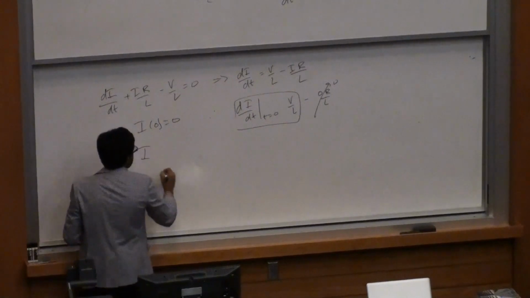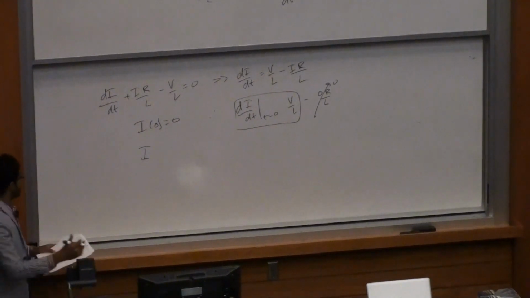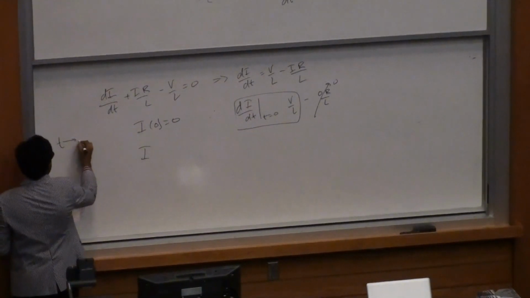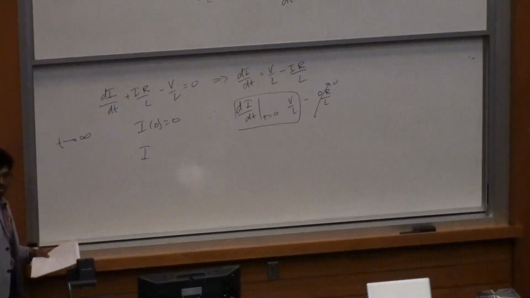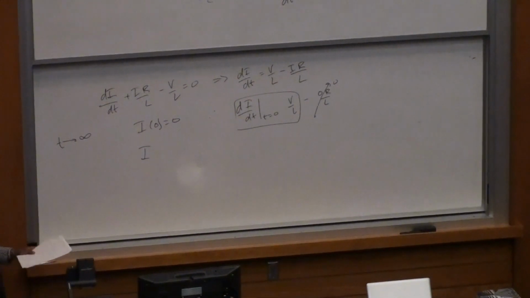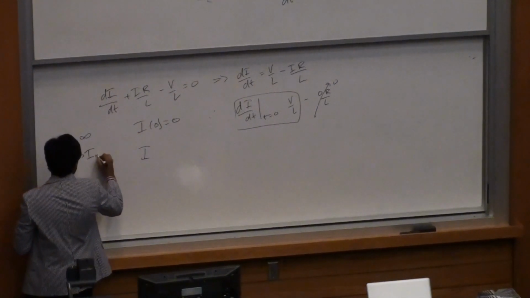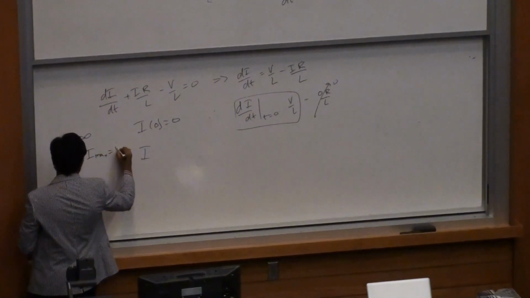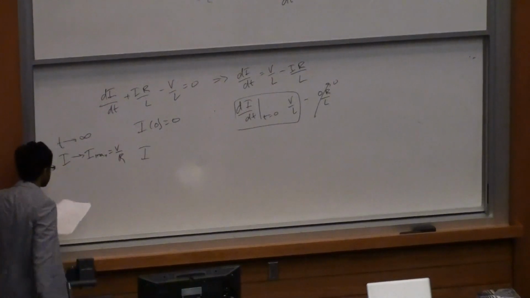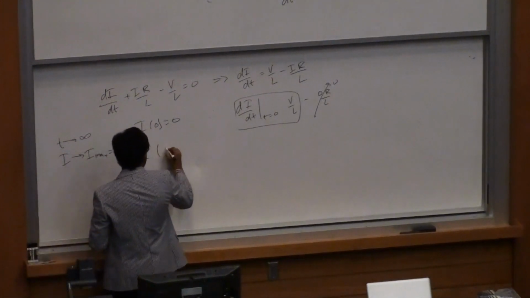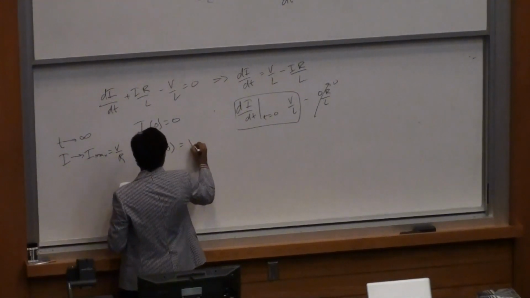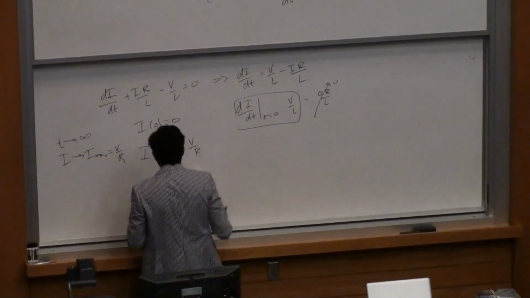Now the next condition I know is that as time approaches infinity, I approach the I max, right? My current approaches I max, which is equal to V over R. So at t going to infinity, I know this is equal to V over R, which is my I max.